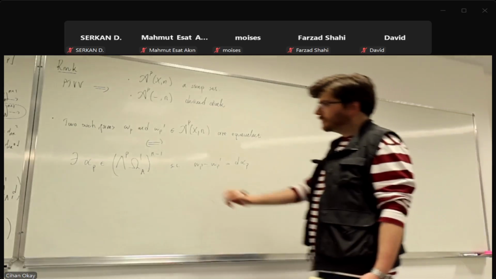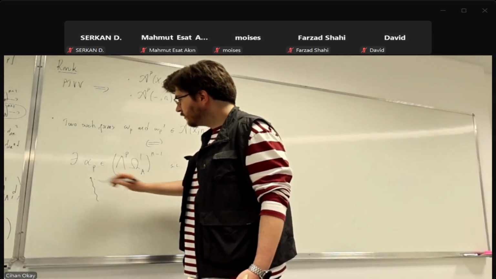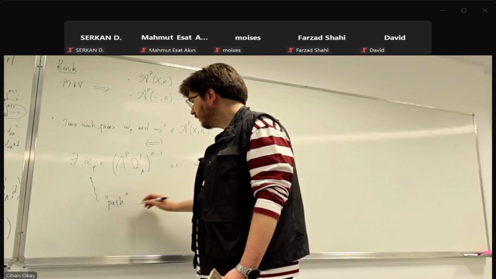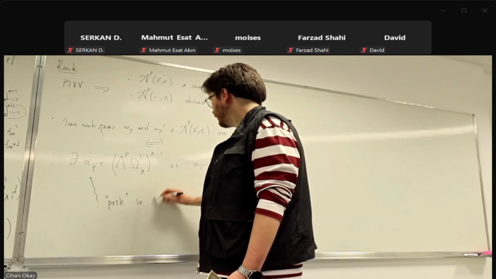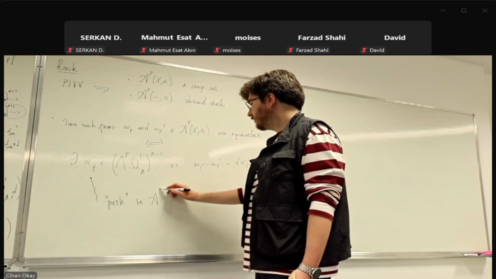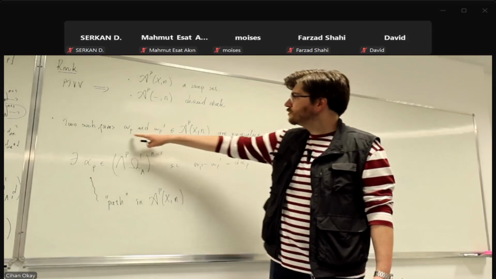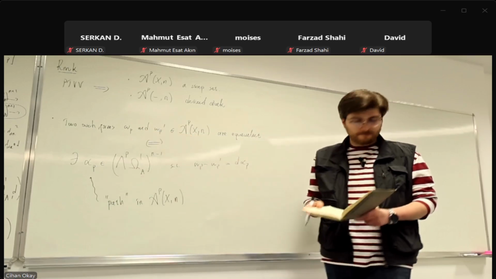And such alpha turns out to be what we call a path in this simplicial set, joining these two things.